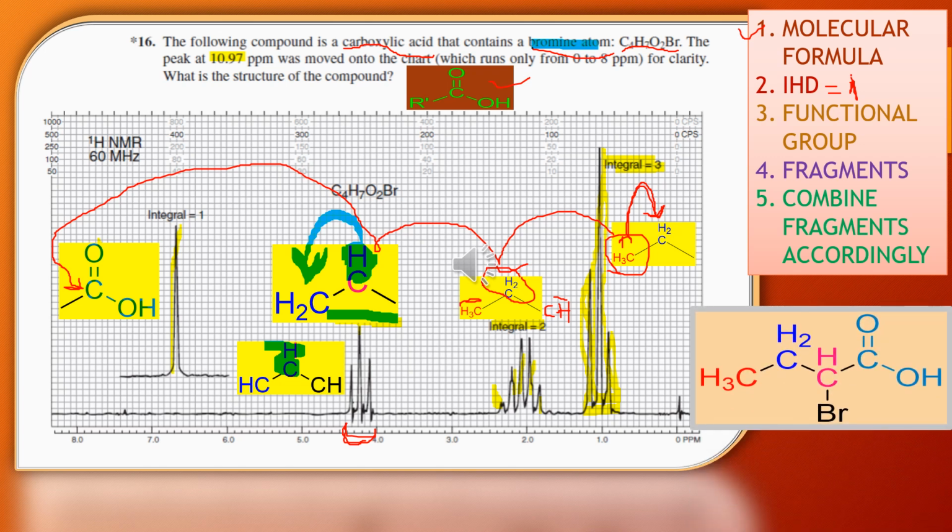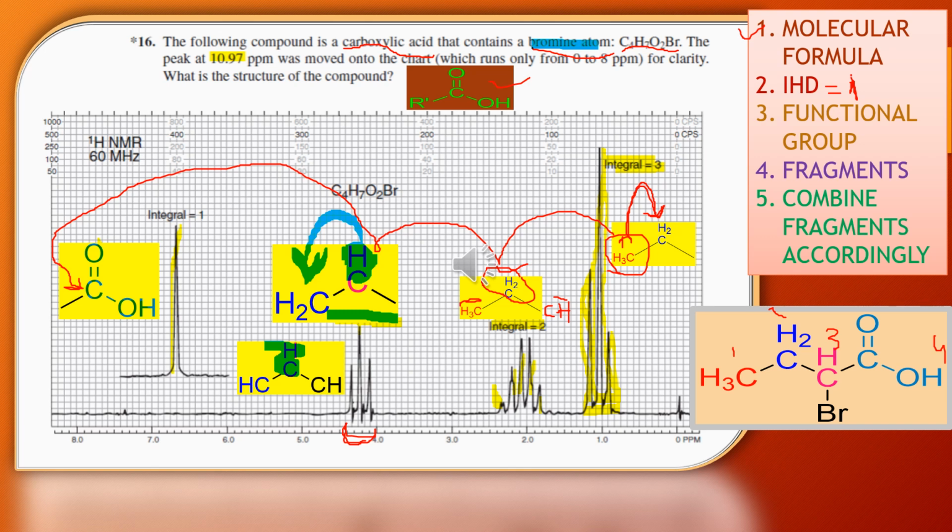This is the structure. Firstly, we have to see there are four types of protons: 1, 2, 3 and 4. So how many peaks are present in the spectrum?